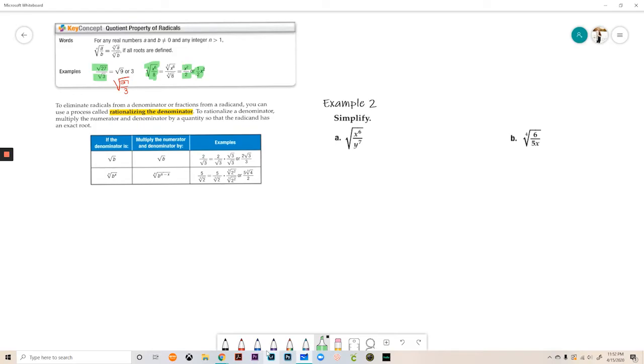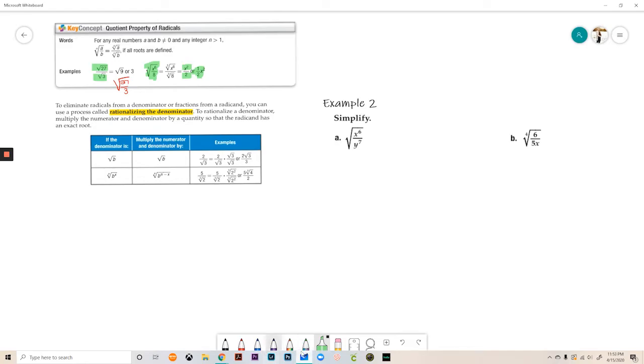There is one thing that I tell my students a lot, is that having a radical in the denominator is against the law. So there is something called rationalizing the denominator, where we basically undo that radical on the bottom of our fraction in order for it to be a law-abiding citizen.